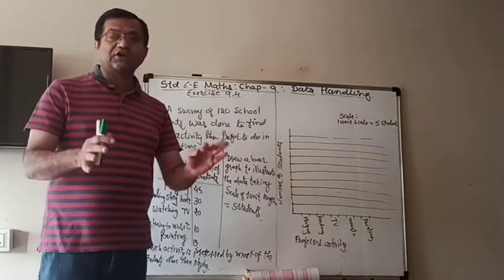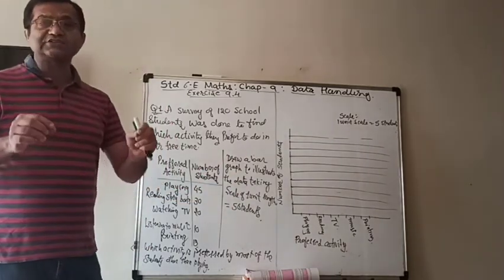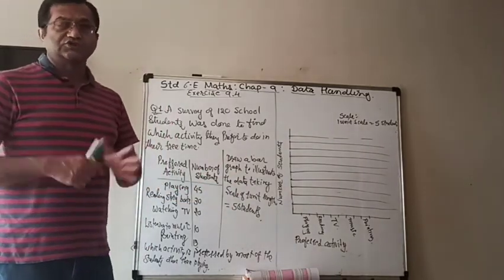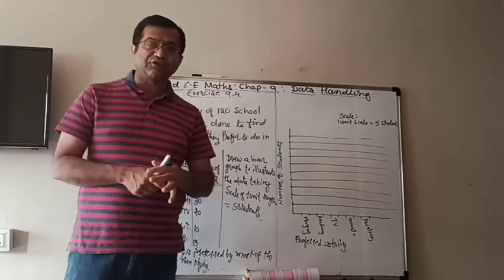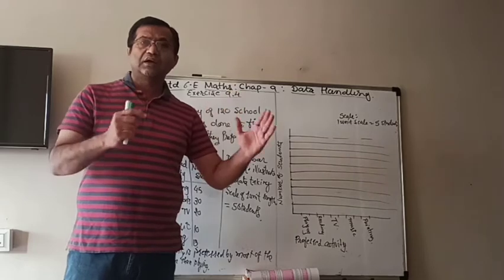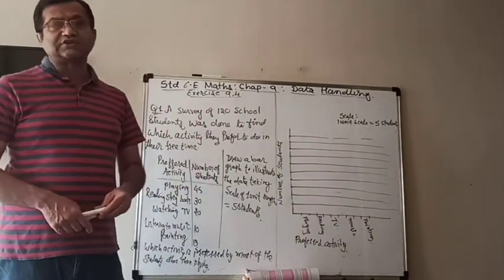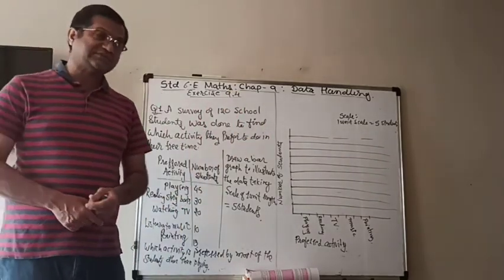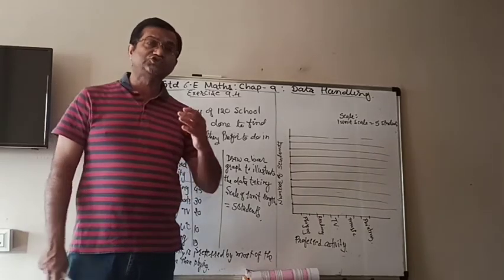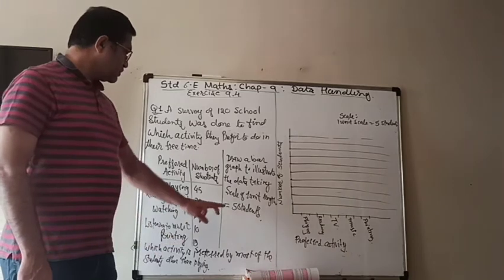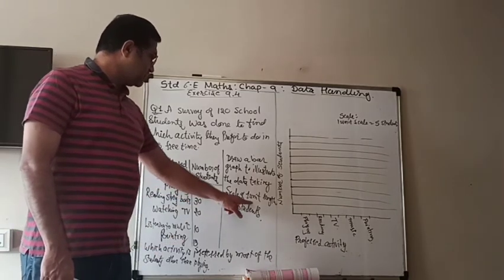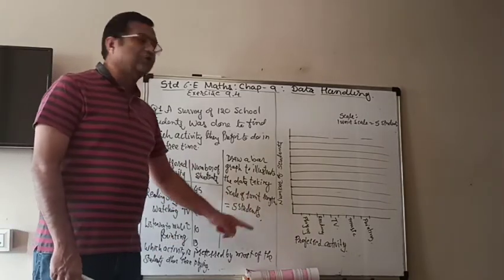Taking scale, here for your convenience, scale is already given. So you don't have to worry about it, but it is the beginning, therefore the scale is given, but maybe in the exams you have to choose the proper scale. And then scale is given, 1 unit length equals 5 students.